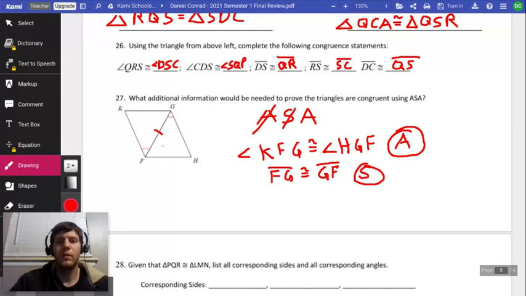So we have one pair of angles, one pair of sides. That means we need another pair of angles. And the sides have to be an included side. So it's got to be another pair of angles here. So it needs to be angle KGF, has to be congruent to angle HFG.